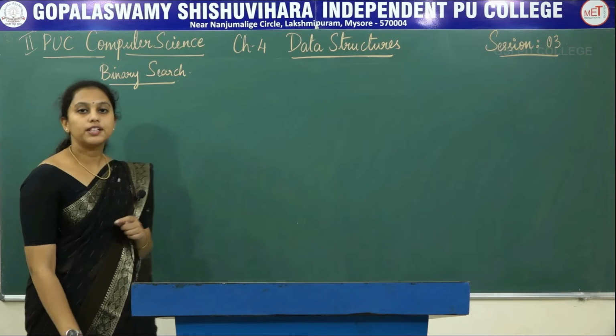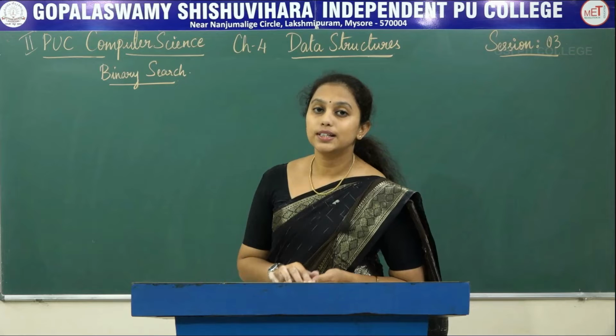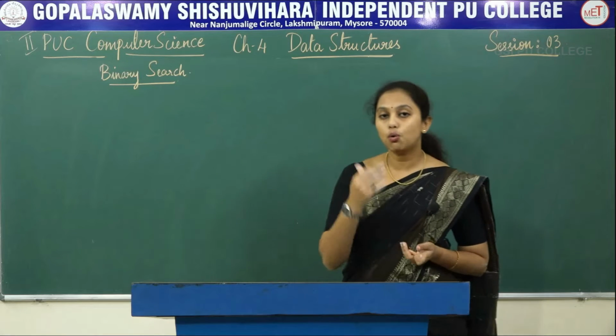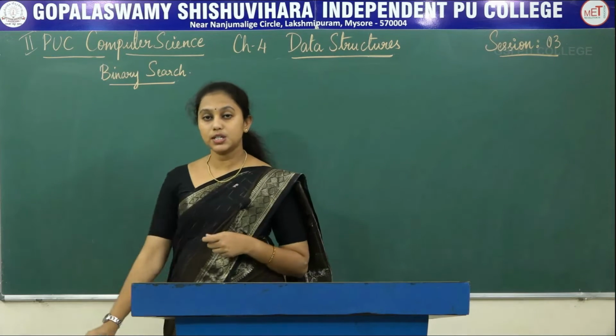The drawback of linear search is that it takes a lot of time to search the location of an element. To overcome that drawback, we are going to use binary search.